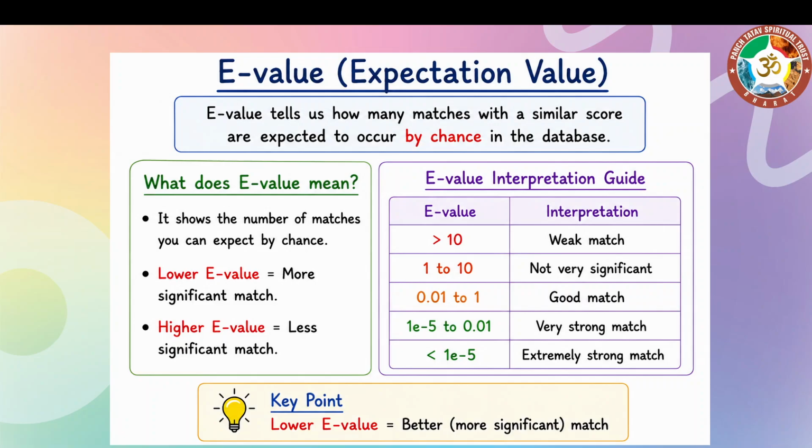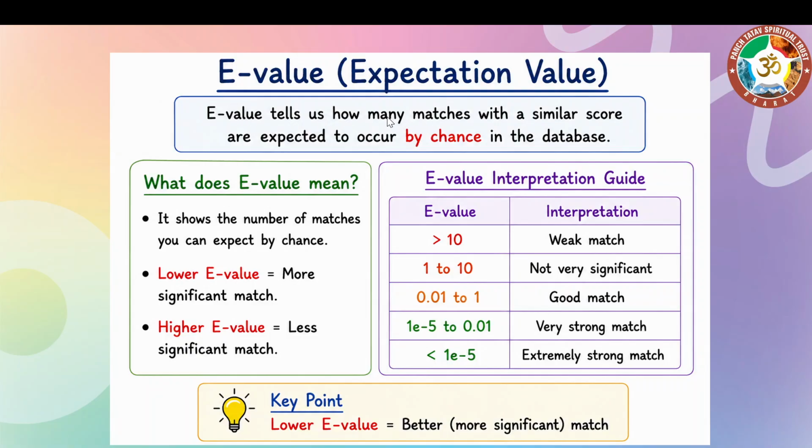So, E-value is called expectation value. Now this E-value, this expectation value, tells us how many matches, listen to this very carefully, with a similar score would be expected to occur by chance in the database. Can we understand this line, what is the meaning of E-value?